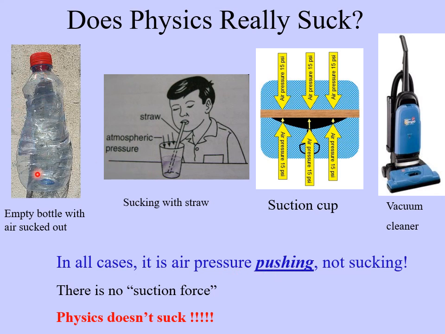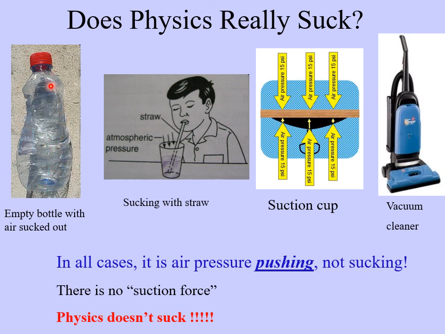So when we so-called suck the air out of a bottle like this, all that's happening is that we are removing the air from inside the bottle. Remember, the air pressure outside the bottle is 15 pounds on every little square inch of this bottle.